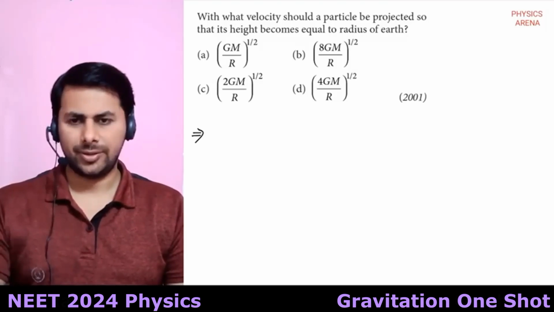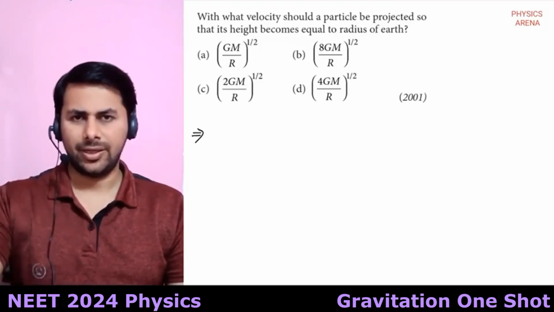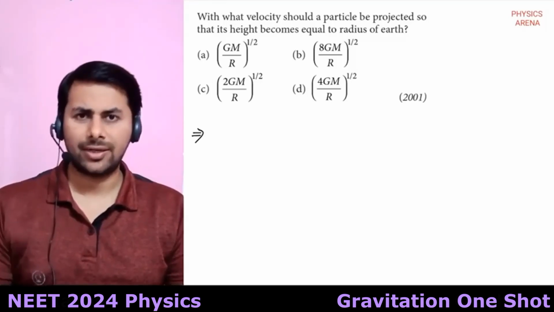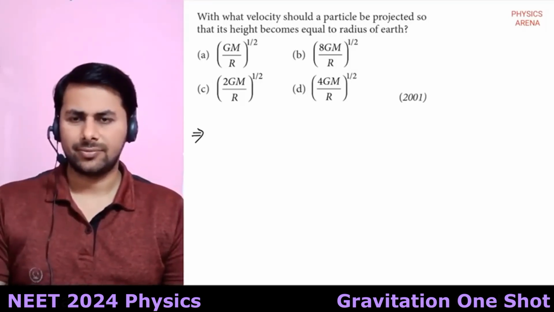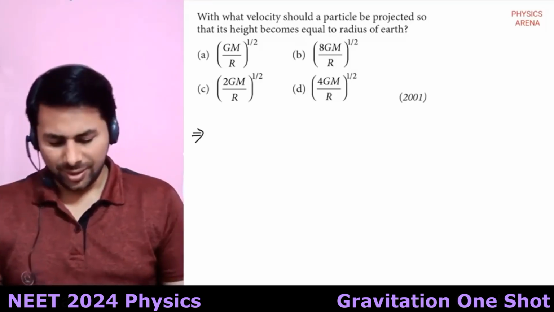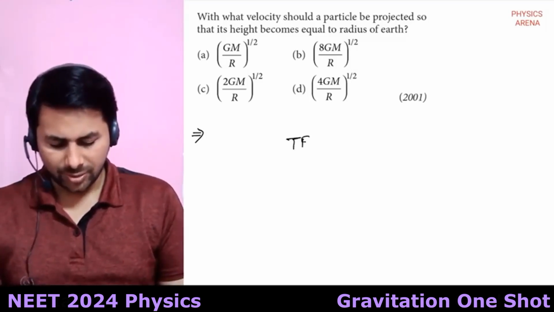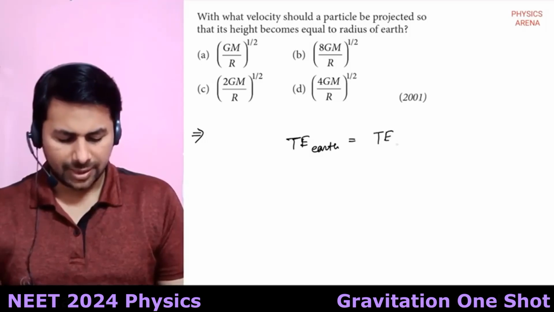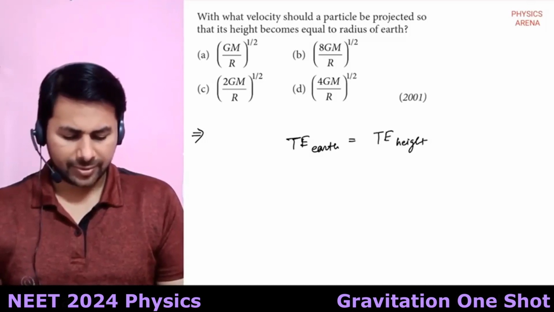If you throw some object, it goes to some height, then its total energy on Earth is equal to total energy at that height, right? So, how much is total energy on Earth?